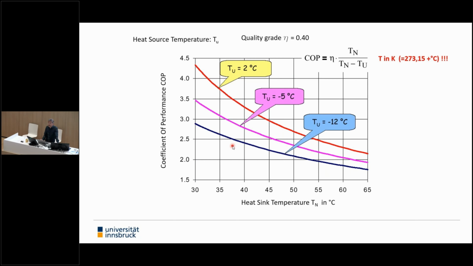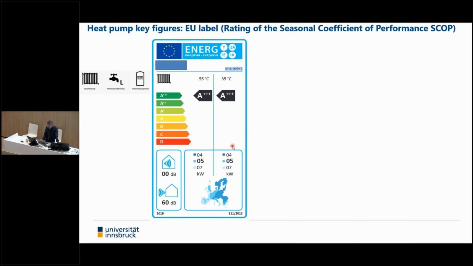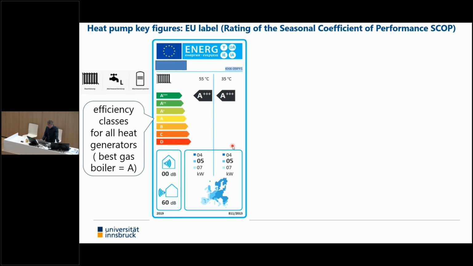How could you do this at home in your house? When you buy a heat pump, you have a label on the product, similar to those for refrigerators or other household appliances. And they have the rating of the so-called seasonal COP. That's the COP over the heating period. So there is a rating in these classes.